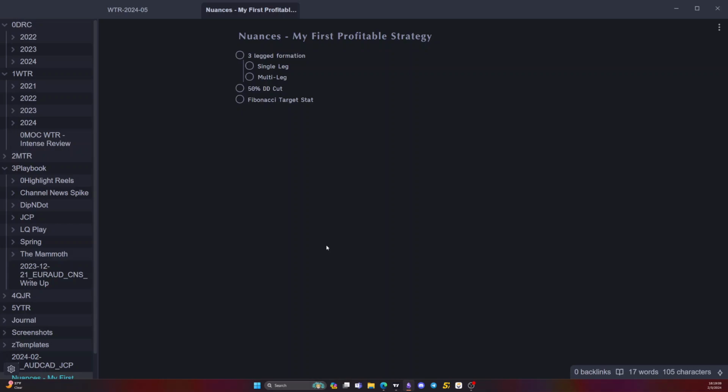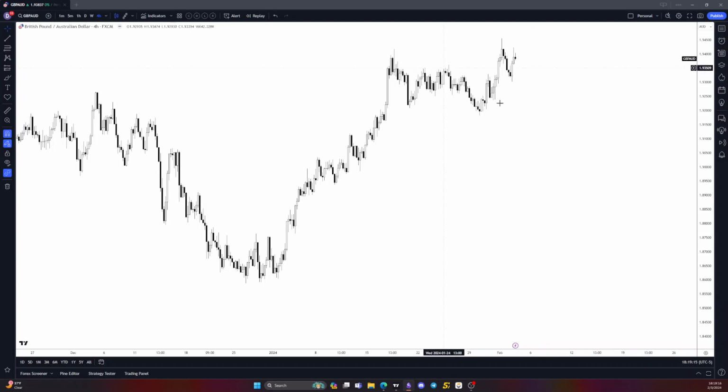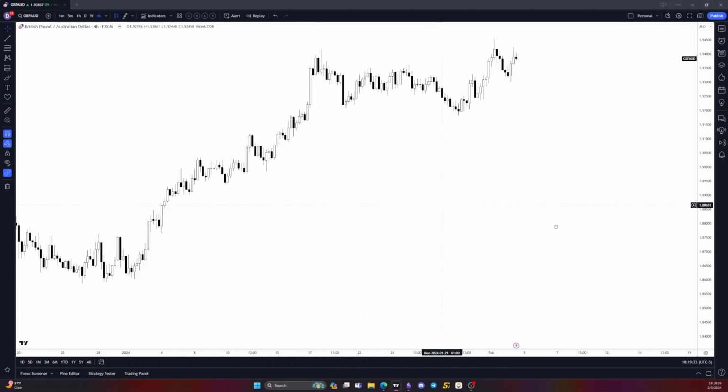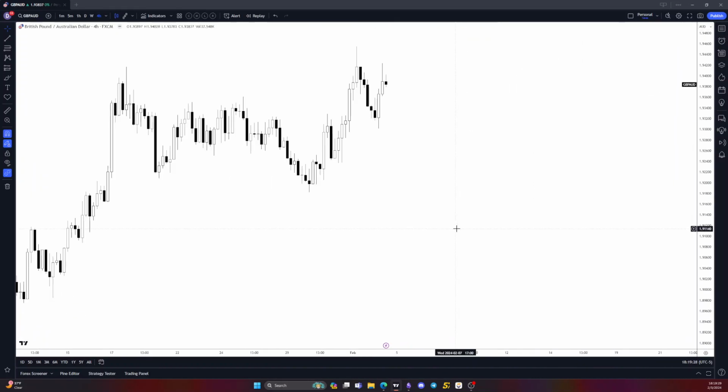Those are the three things I'm going to be talking about, and it's really going to help with finding key opportunities, minimizing your losses, and knowing when to actually go all in and use A grade risk if you are using varying risk.